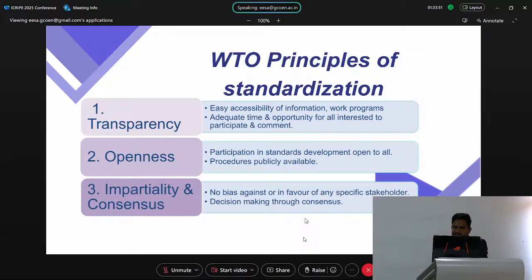So through this feedback mechanism, we always review our standards, and through periodic review we take some decisions on the standard. For example, if a minor change is required, an amendment is issued. If there are major changes, then the whole standard is revised.